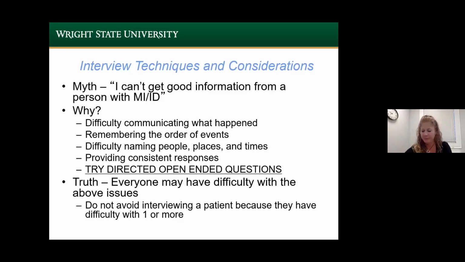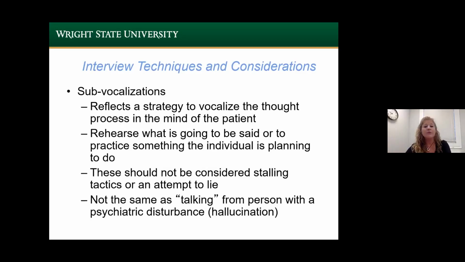Next slide, please. So subvocalizations are this interesting phenomenon where an individual will be practicing what they're going to deliver or respond before they actually say it. It may take longer for an individual with cognitive issues to develop that response. And so it may look like they're stalling, or it may look like they're experiencing hallucinations, for example. We want to be very careful when we're talking to familiar people.